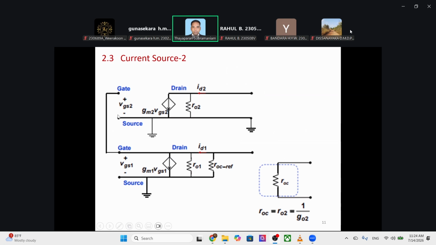If we short the input, because we want to measure the impedance, VGS2 is 0, and therefore only R out 2 remains; this current source will disappear.